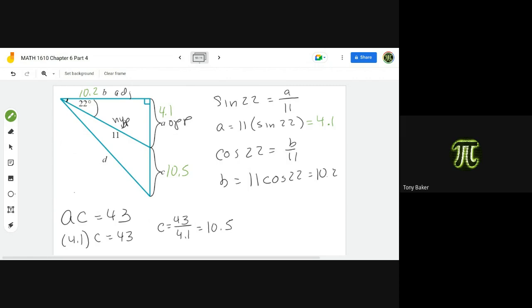I have the opposite and I have the adjacent. I don't have the angle where I'm standing. Because to find D, I need to look at this triangle. So this one I would use Pythagorean theorem for. Because based on the information they gave me, there's no other way to figure this out without the Pythagorean theorem.